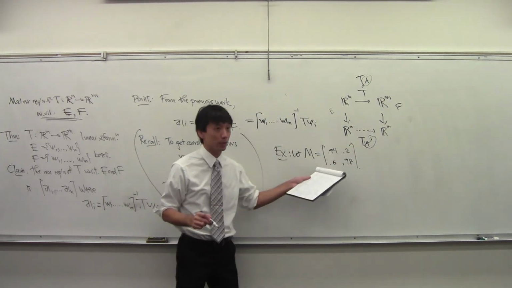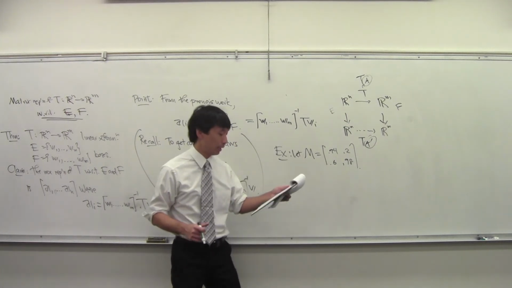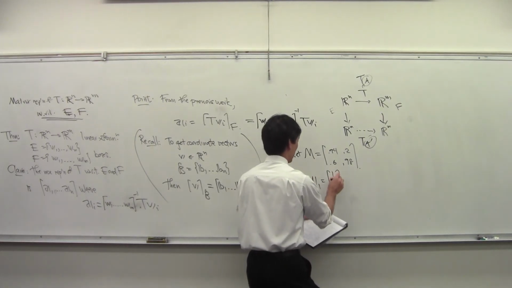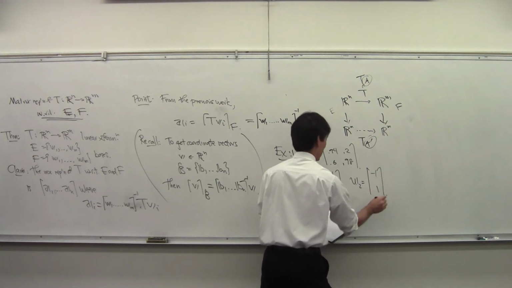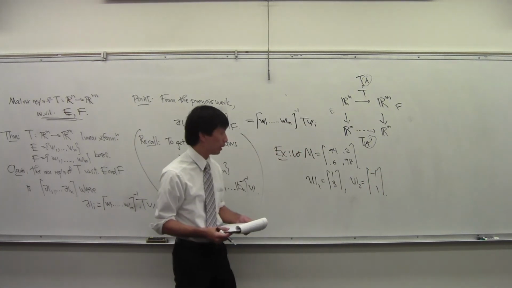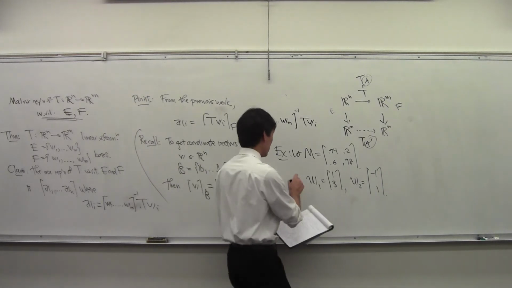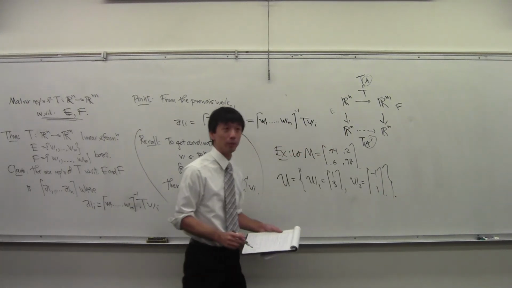Remember, this was the transition matrix for the city suburb problem. We're going to let U1 be (1, 3) and U2 be (-1, 1). These were the vectors that we pulled out of nowhere. So let the basis U consist of these two elements.